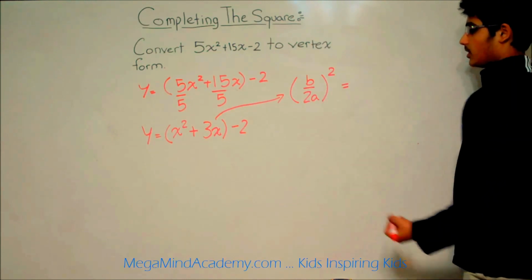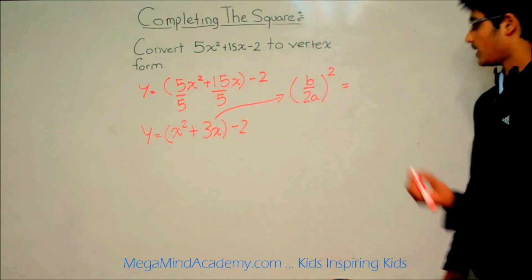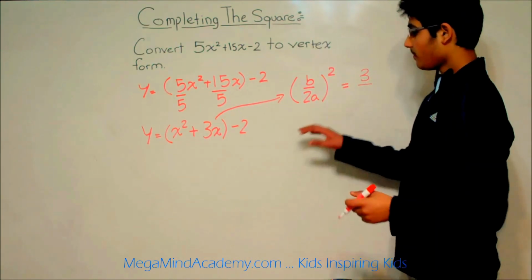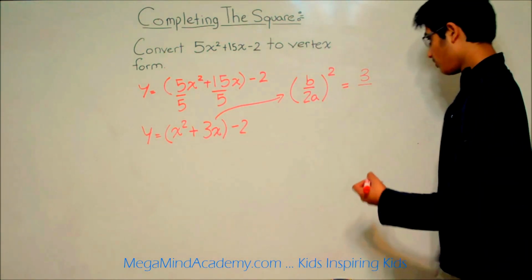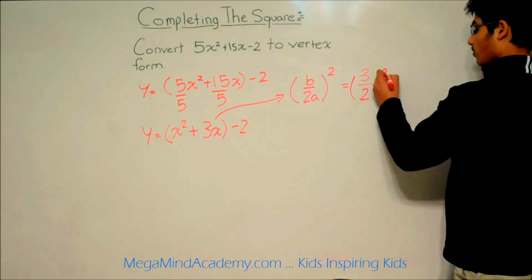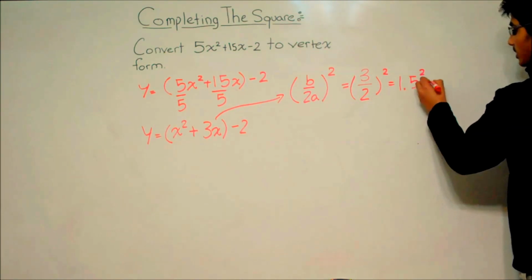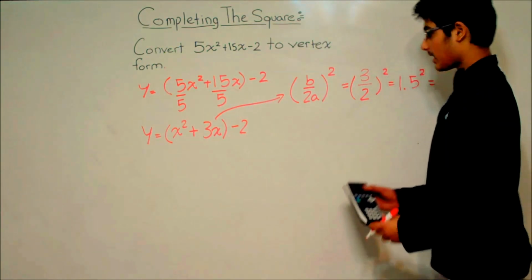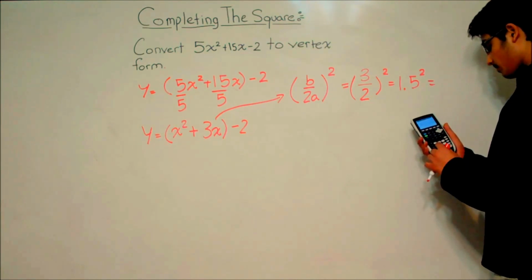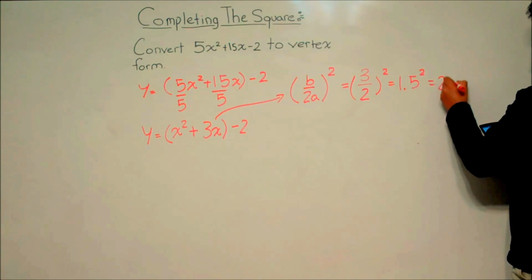So this is equal to, in this example, we have 3, which is b, 3 over 2a, 2 times 1 is 2, squared, which becomes 1.5 squared, which is equal to, let's do this on a calculator. 1.5 squared is equal to 2.25.